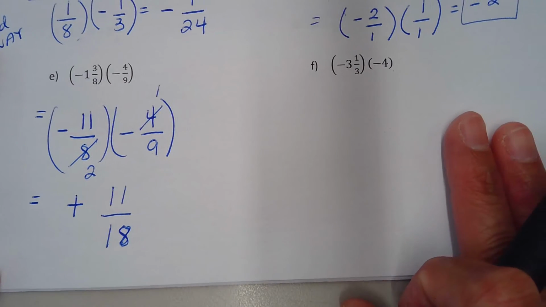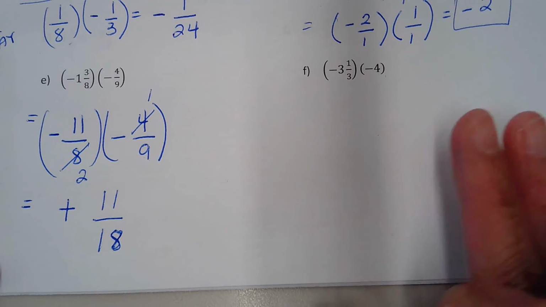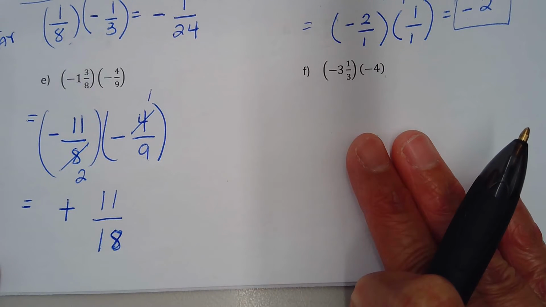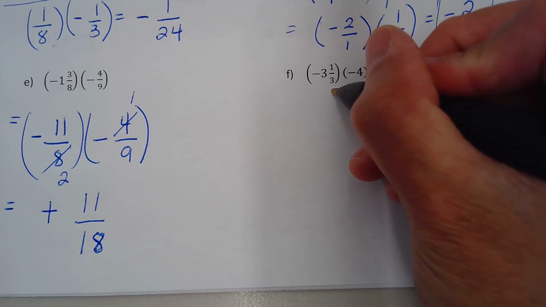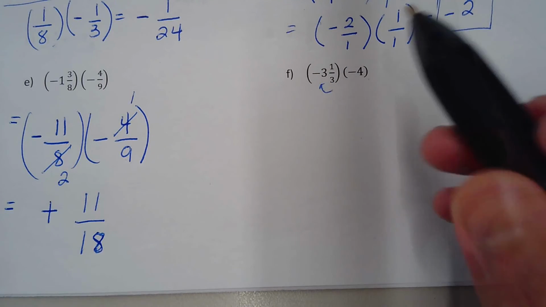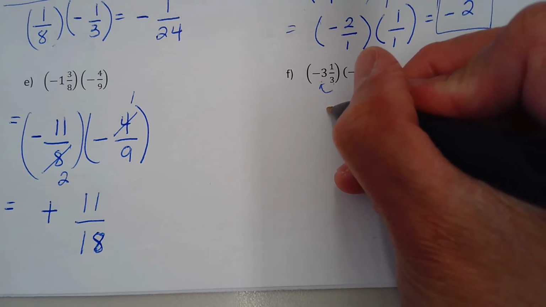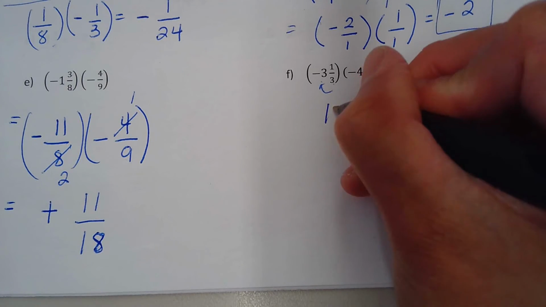Okay, last one. We're going to write this mixed fraction as improper. 3 times 3 is 9, plus 1 is 10 thirds.